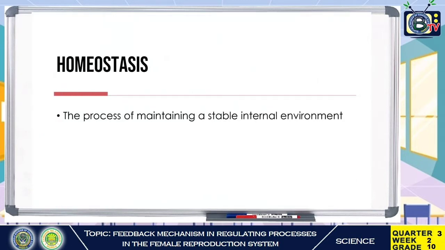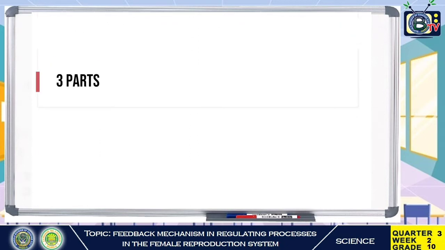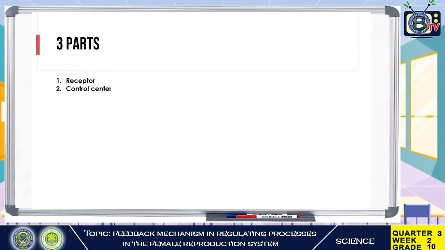Homeostasis is the process in maintaining a stable internal environment or keeping the body in a state of balance. There are 3 parts within the human body that help maintain homeostasis. The first part is a receptor, the second is the control center, and the third is an effector.